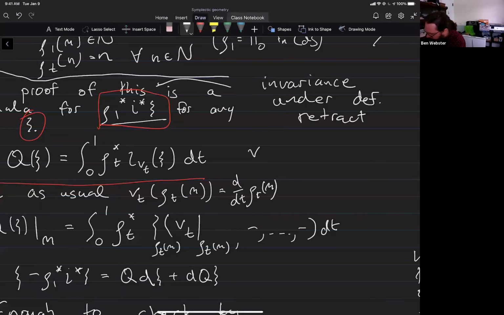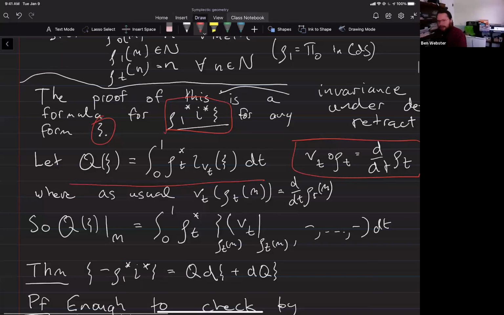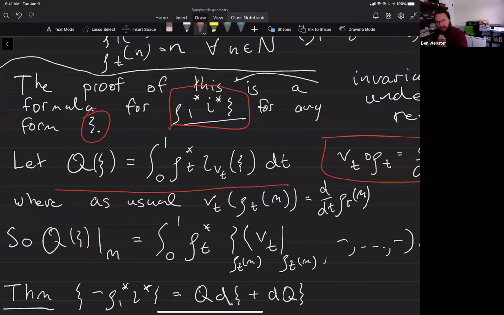So V_t composed with rho_t is equal to d/dt rho_t. And I do this kind of integral, where I take my form, I contract it against the velocity vector as I'm traveling down towards N, I pull that back to my original starting place, and I integrate those.